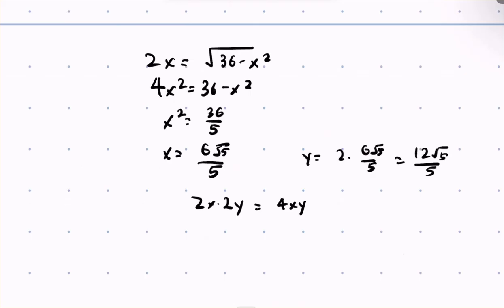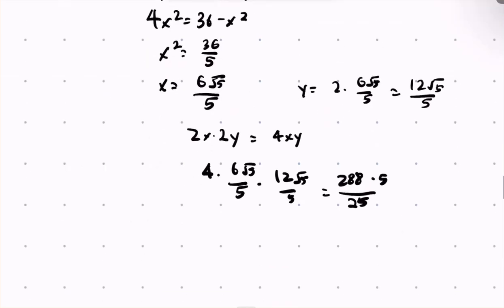And so our final area will be 4 times 6 root 5 over 5 times 12 root 5 over 5, which is equal to 288 times 5 over 25, which is equal to 288 over 5.